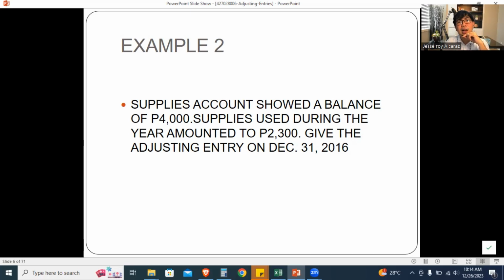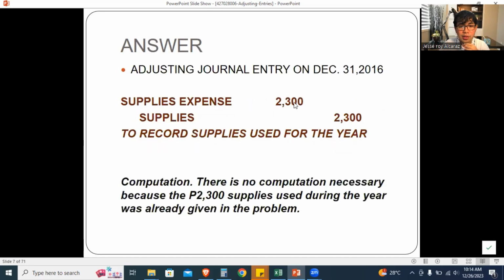So since naa tay nagamit nga supplies amounting to 2,300, that means there is a corresponding expense related to supplies. So kung mag-record ta og supplies expense, i-debit nato na siya 2,300, and from 4,000 nga supplies, we reduce it by 2,300 nga naman because naa nay nagamit. So if I will be asking the question, pila ang nabilin nga supplies at the end of the period, the answer would be 1,700.